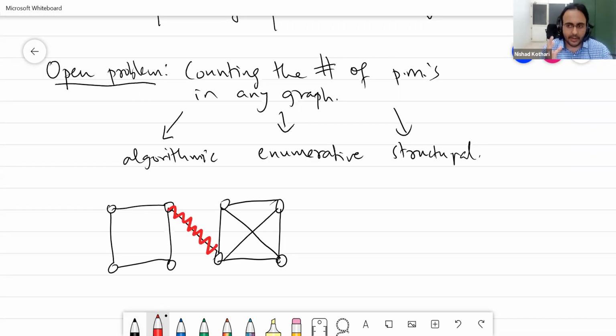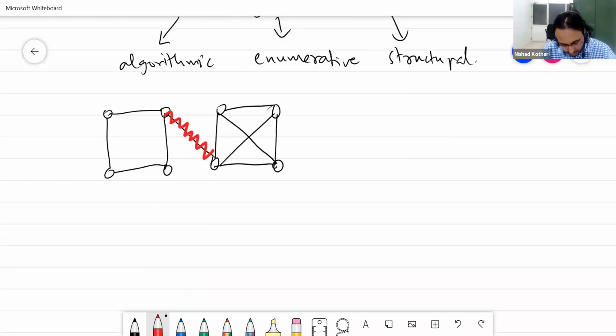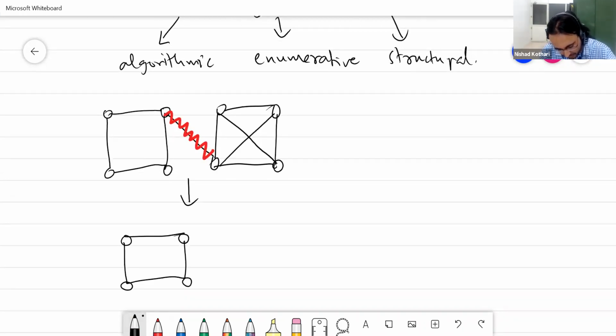And so if you are interested in counting the number of perfect matchings, you can throw away all the edges that do not belong to any perfect matching. Okay? And then you can look at the resulting graph. So if you do that in this particular drawing, you will get two smaller graphs, because you threw away one edge.